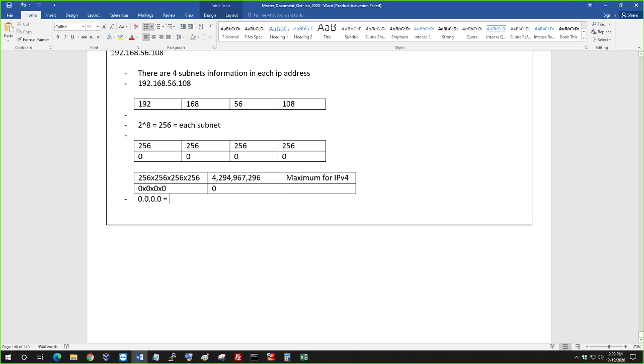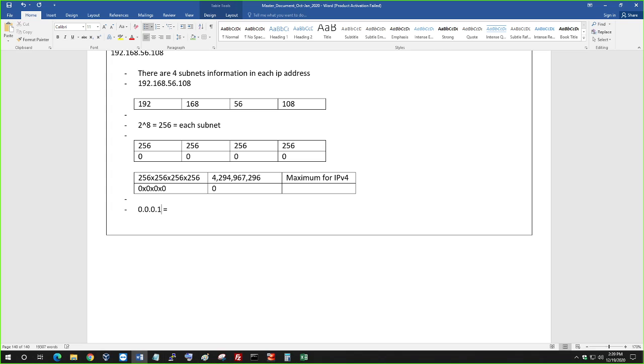If your IP address is starting from 0.0.0.1, how many IP addresses do you think you have available here? 1. Okay, so let's see.